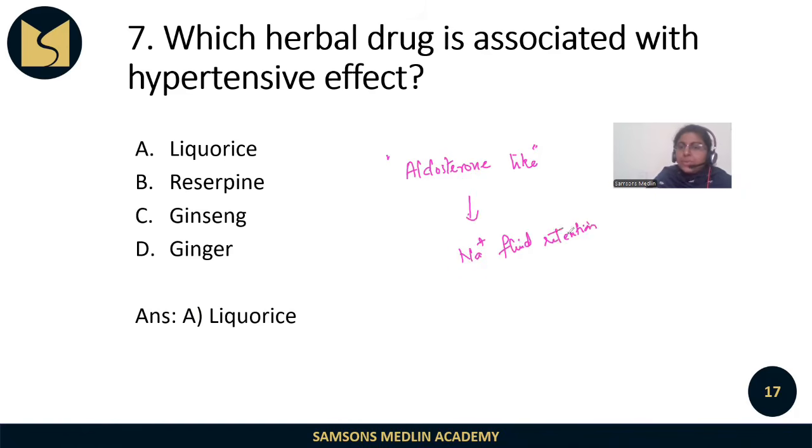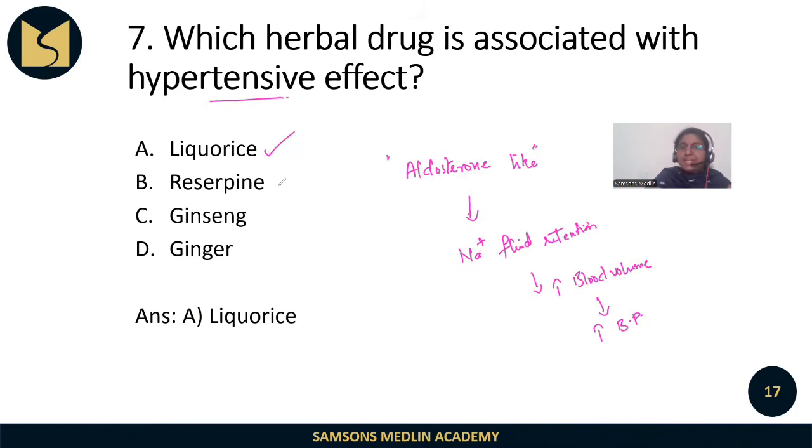Sodium fluid retention means it is retained within the body and not eliminated out of the body. The presence of sodium and water causes an increase in blood volume and finally an increase in blood pressure. That is why the herbal drug associated with hypertensive effect is licorice.